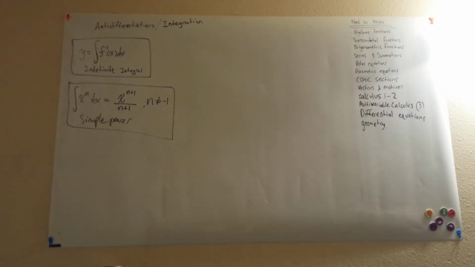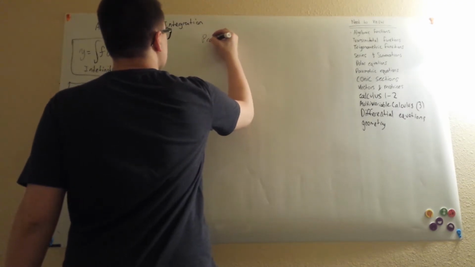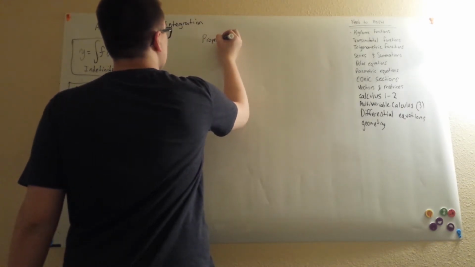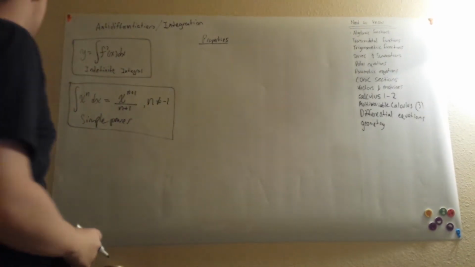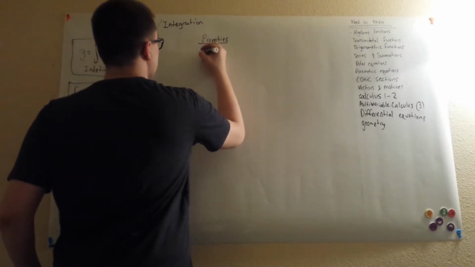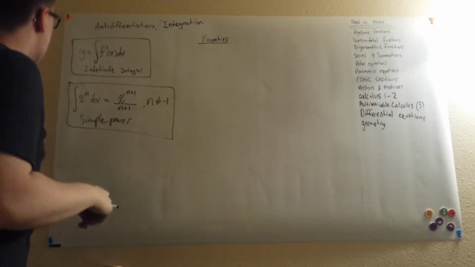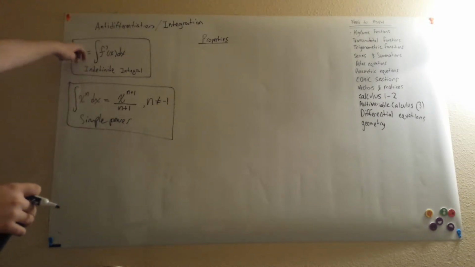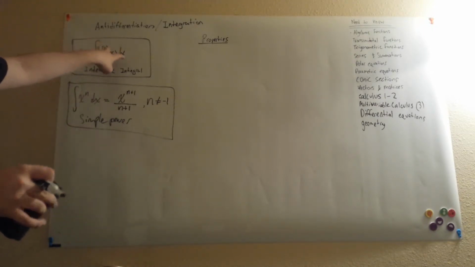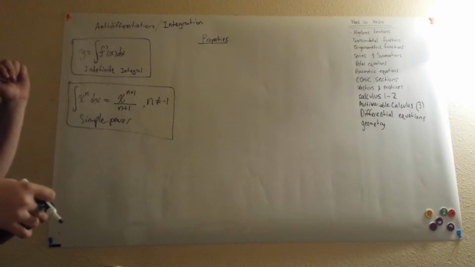So, okay. Let's go over some properties before we do anything else. Now, this is saying we're undoing the derivative and we get back y.